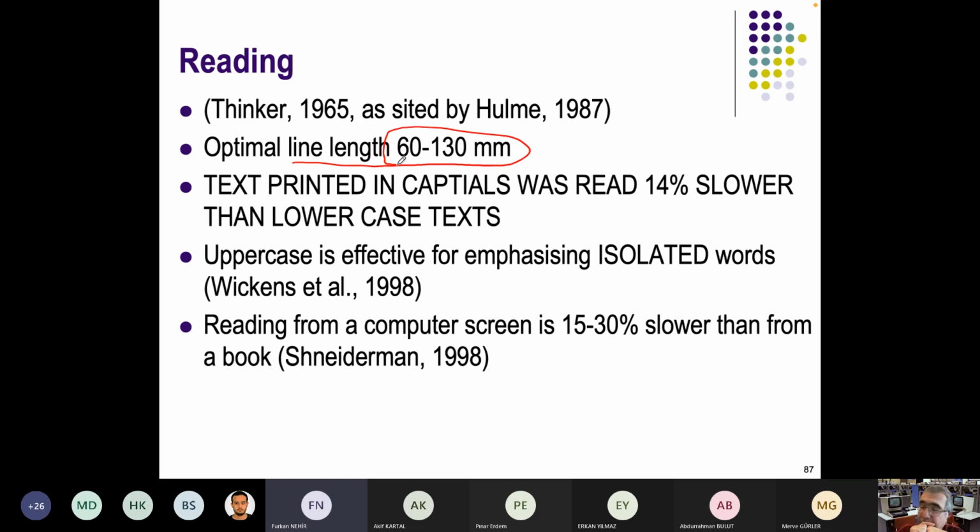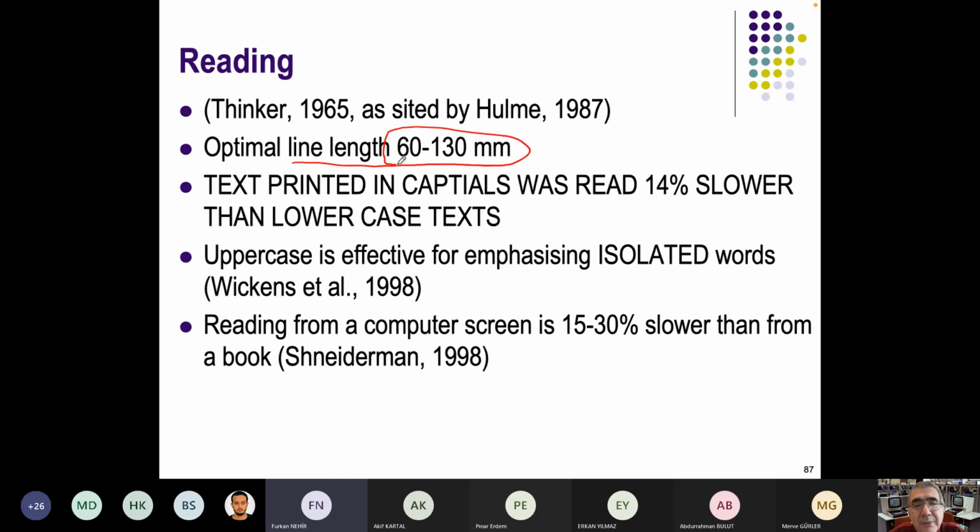Second thing is text printed in capitals was read 14% slower than lowercase text. So if you want to be read fast, please write lowercase, and that's an issue in social media, you know, typing in uppercase means shouting, so lowercase is more like regular text.